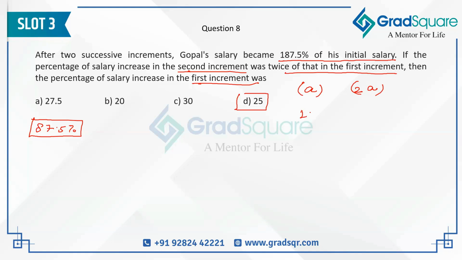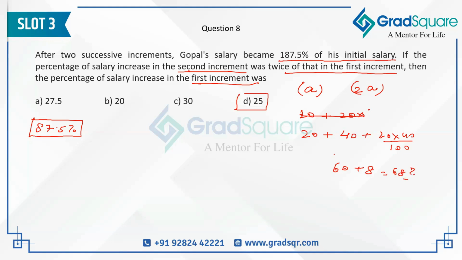So if A is 20, the second value will become 40. The formula would be a plus b plus ab divided by 100, which is 20 plus 40 plus 20 into 40 divided by 100. This will give me the net percentage increase, correct? So this becomes 60 and 40 into 2, which is 68 percentage.